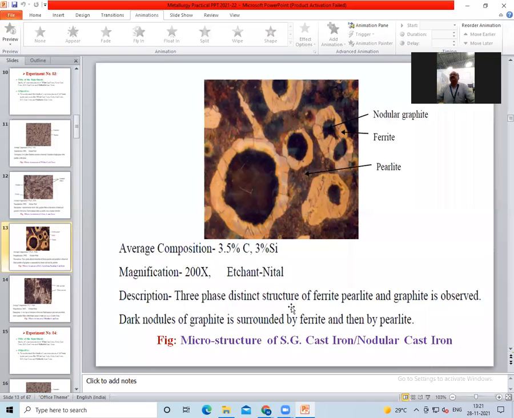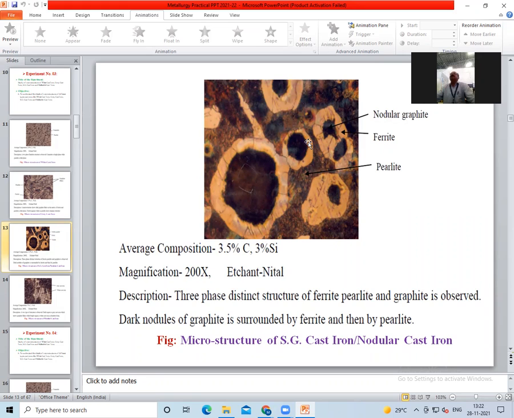Here a three-phase distinct structure of ferrite, perlite and graphite is observed. So here is the perlite, this is the ferrite, and these are the nodules. Nodular means spheroidal, and spheroidal means circular shape. So this graphite you will observe in circular shape.